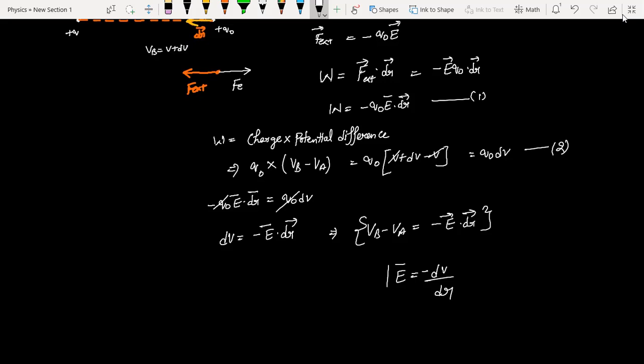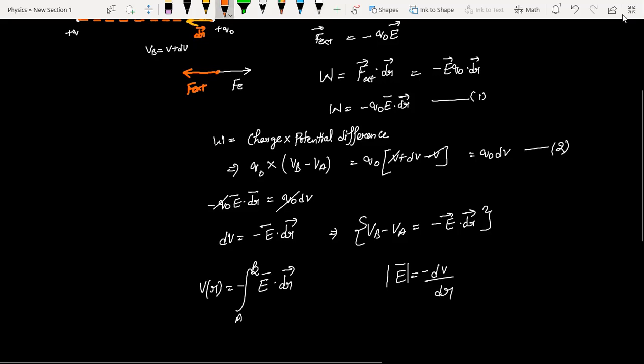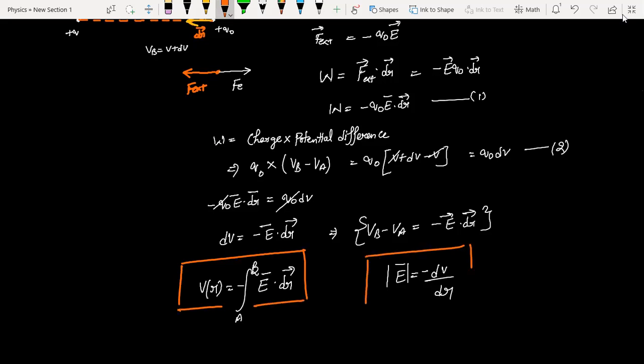It's not a vector; it's the magnitude of this field. And the integral form of this relation is something like V is equal to minus the integration from A to B of electric field E dot dr. So this is basically the relation between potential and the field.